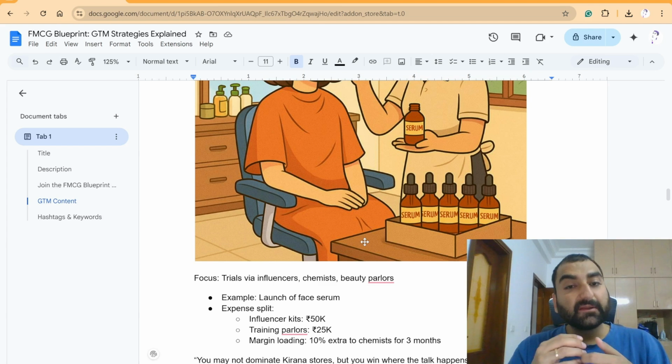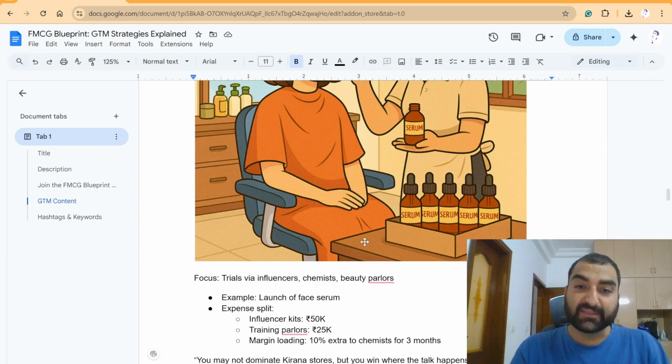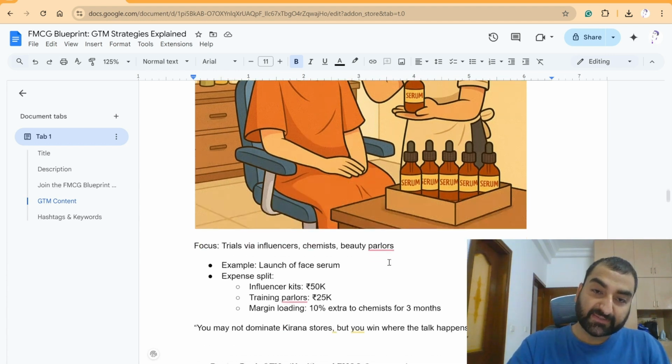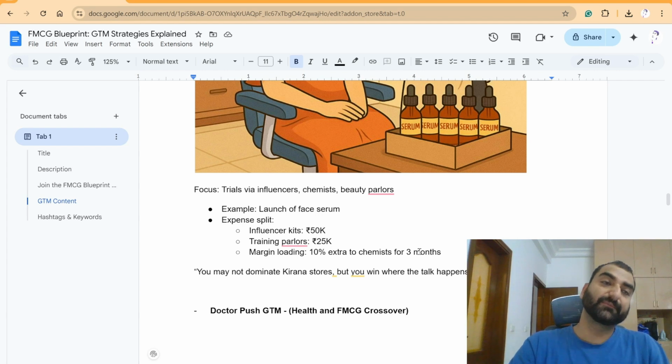We need to divide the budget of the launch within certain segments. For example, one portion of the budget will go to the influencer kits. Second would go to training parlors. And then of course there is extra margin loading for chemists, maybe for 2 or 3 months, depending upon the particular brand or product that you are trying to handle.